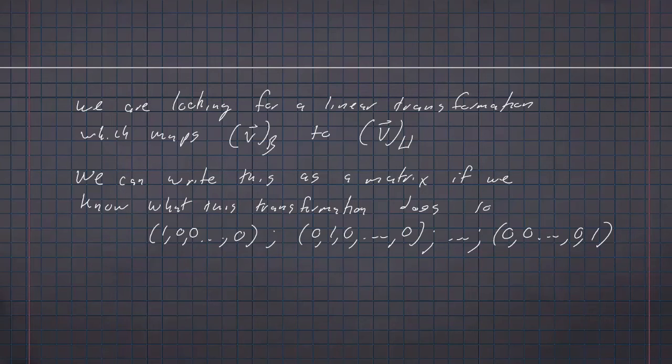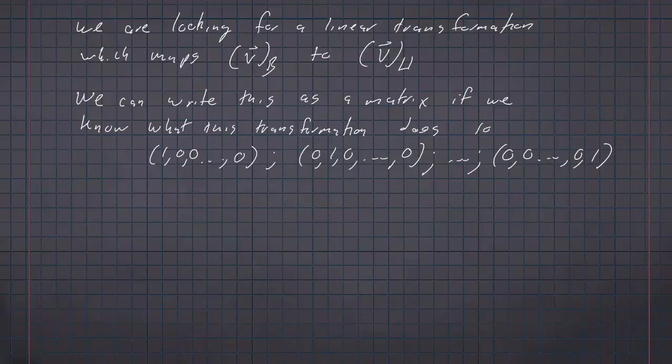If we know what the transformation we are looking for does to the Euclidean basis vectors, we can write out what our transformation looks like as a matrix, and then use that matrix to calculate the transformation for any of these vectors. So that changes our question.